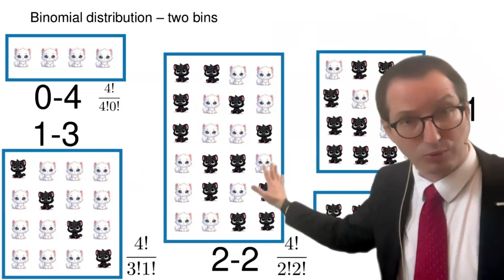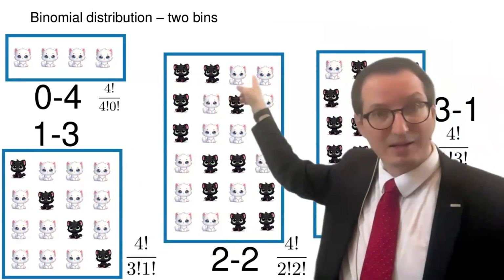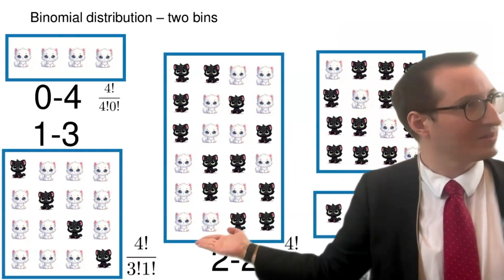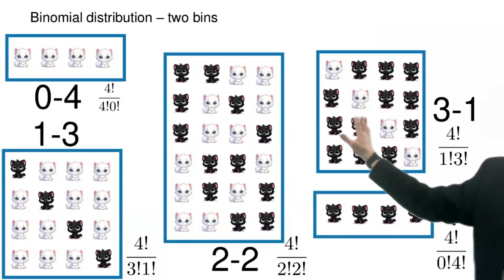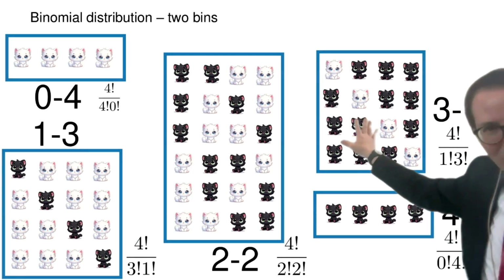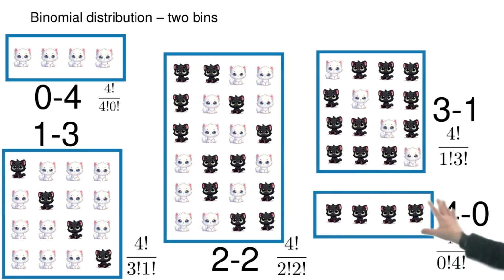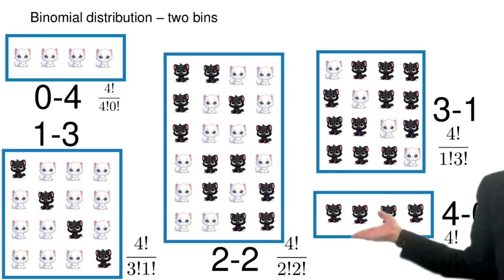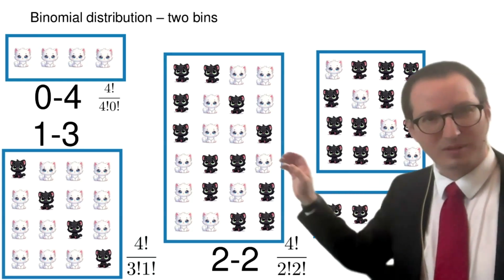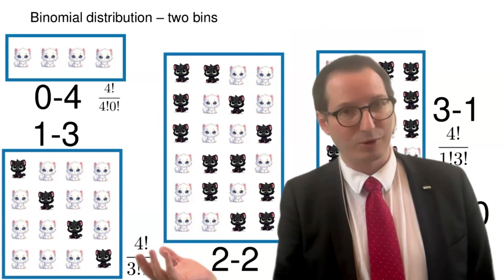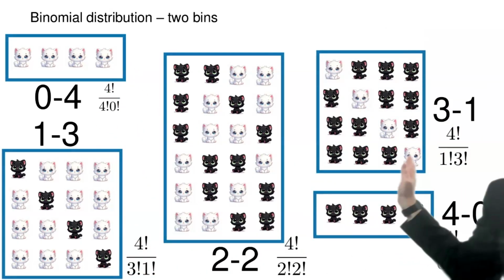Then I have another group, this time with 2 black cats and 2 white cats, and there are 6 possible orderings. Then I have the group with 3 black cats and 1 white cat, it's a tongue twister, with 4 possibilities. And then I have the group with 4 black cats, but there's only 1 ordering possible in that case. And so this is what we do when we go from the list of words model to the bag of words model. All we do is build these groups, like here.